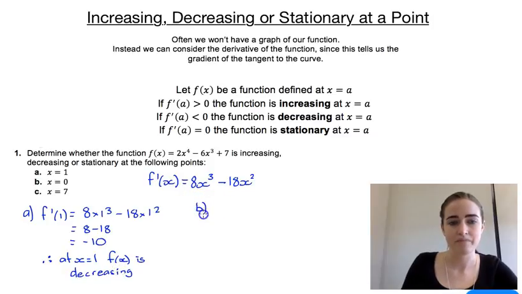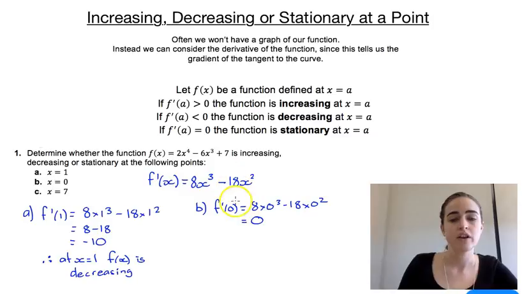All right, part B, we've got x equals 0 this time. So f dash 0 would equal 8 times 0 cubed minus 18 times 0 squared, which will just give us 0. So because our derivative is 0 at that point, our function is stationary at x equals 0.